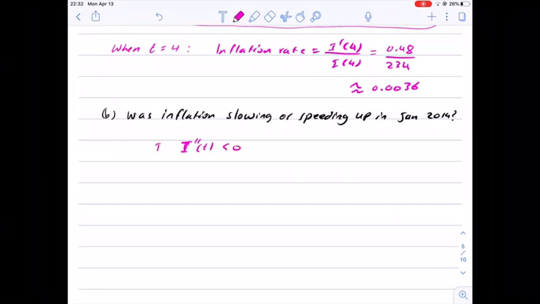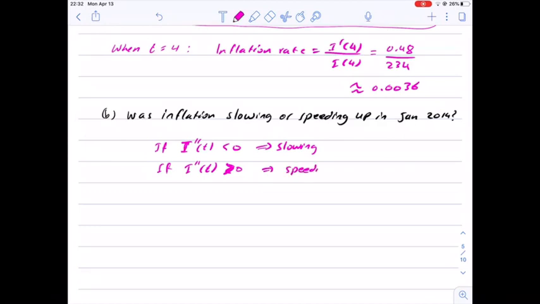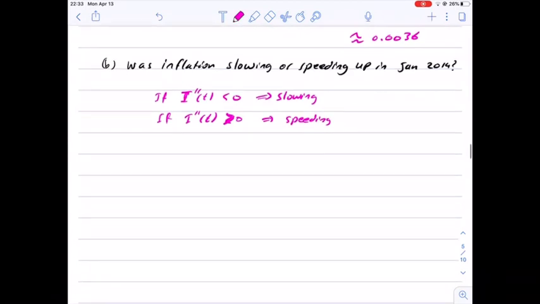If the second derivative is less than 0, then it's slowing. If the second derivative of the inflation function is greater than 0, then it's speeding up.